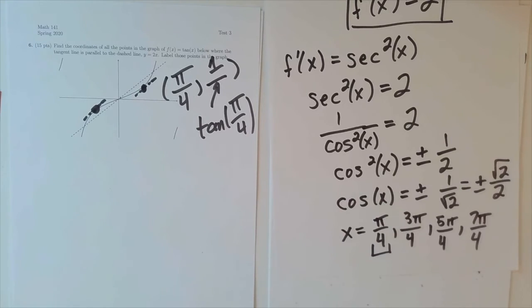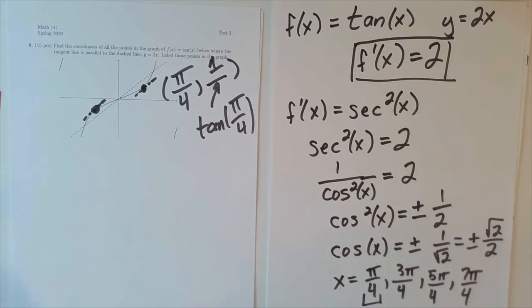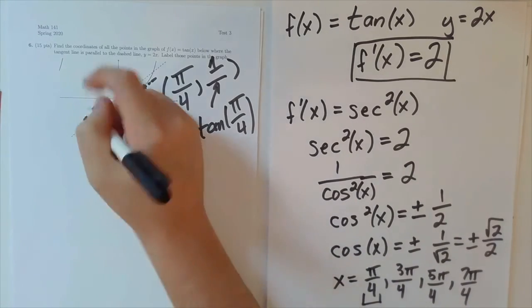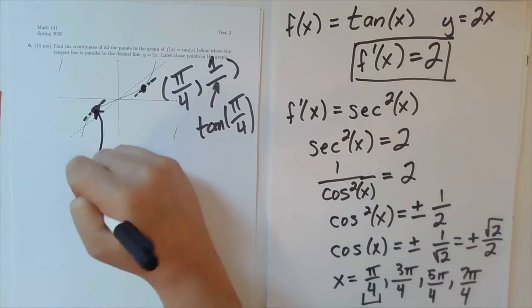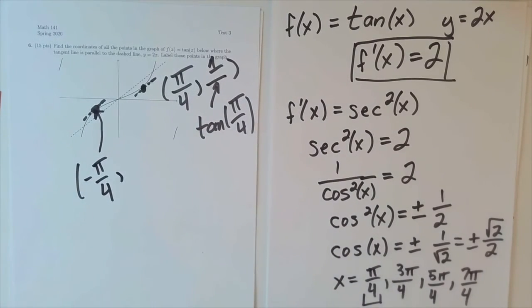Except, of course, 7 pi over 4 is not negative. Okay. But 7 pi over 4 is the same as going backwards pi over 4. So this 7 pi over 4 corresponds to an angle of minus pi over 4. So when I look at this point, the x-coordinate here is going to be minus pi over 4.